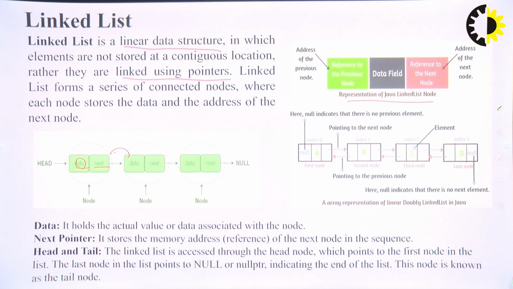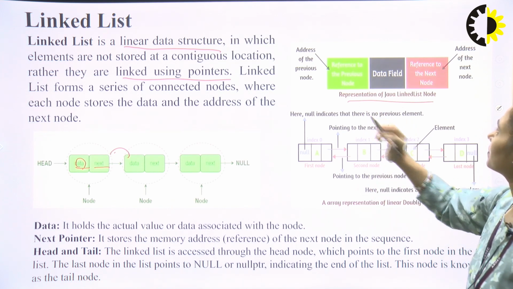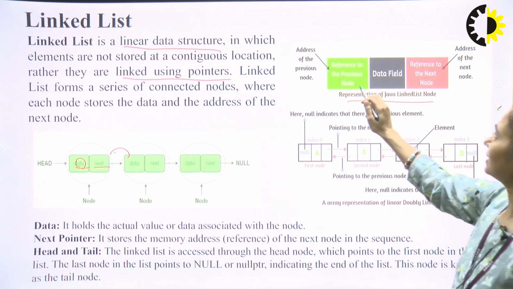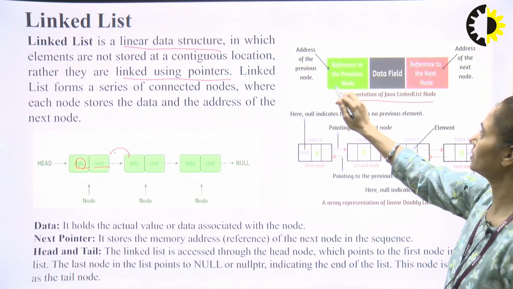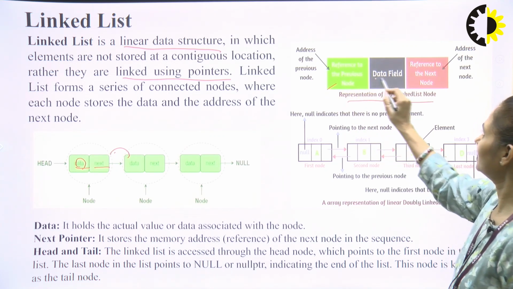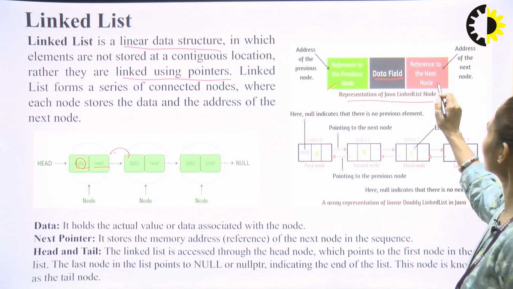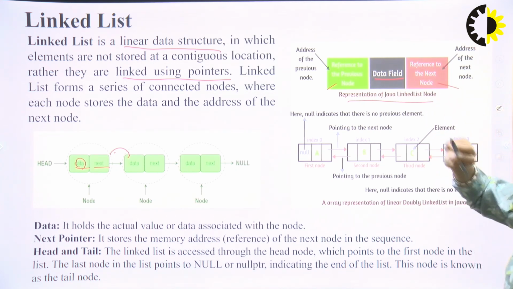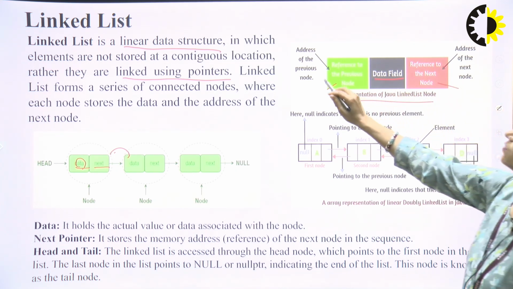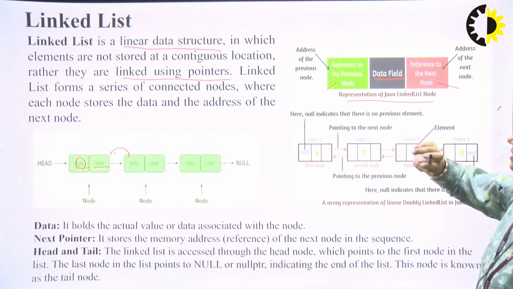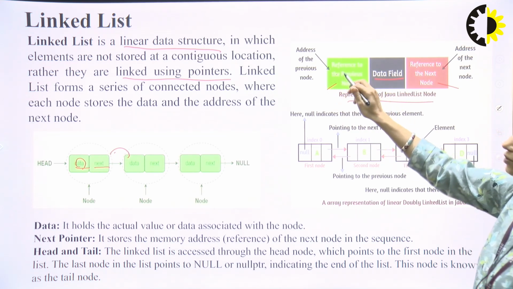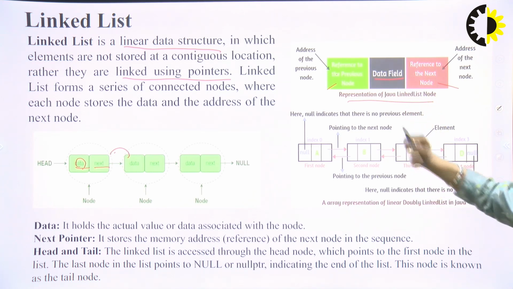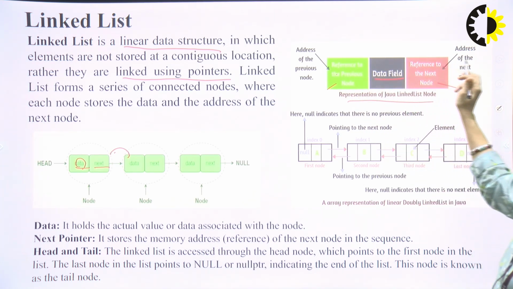Now we also have a doubly linked list in Java object oriented programming. The doubly linked list means that a reference to the previous node is presented here, your data field will be there, and a reference to the next node will be presented there. It means that the address of the previous node is stored first; a doubly linked list has both ends to store the address of the previous one and the next one also.